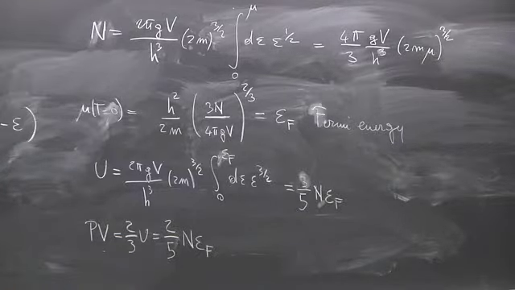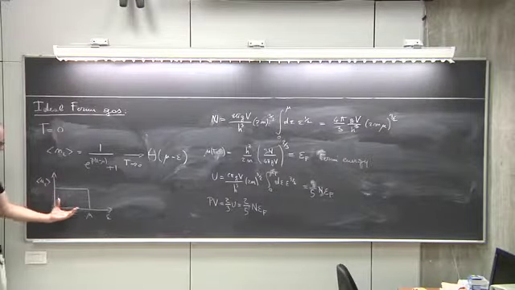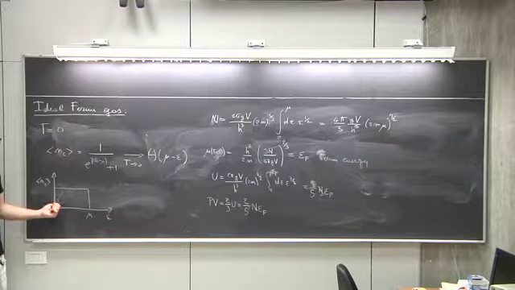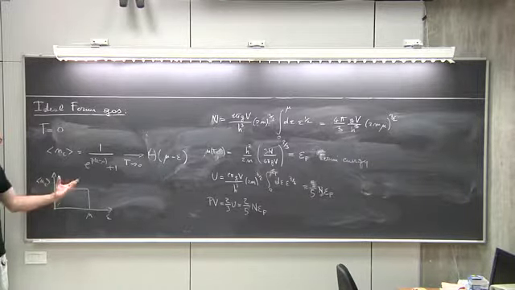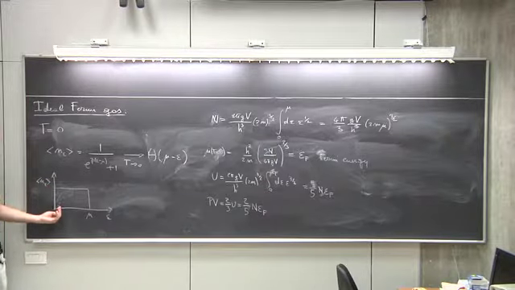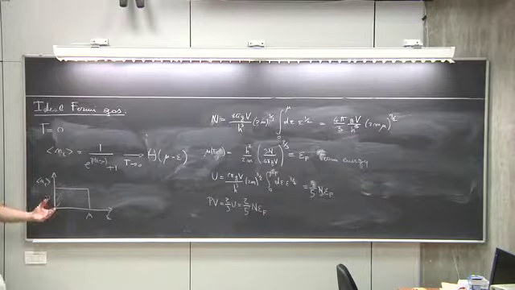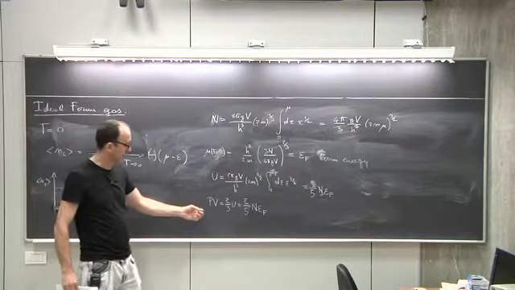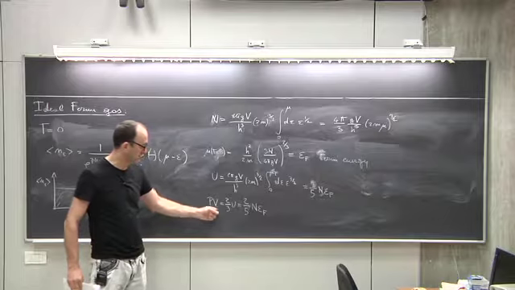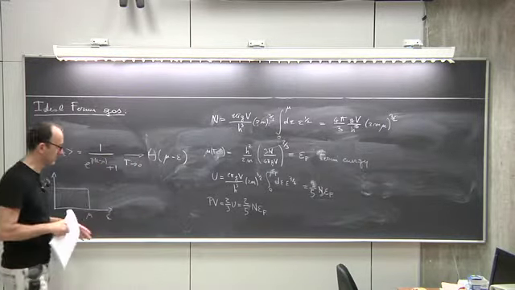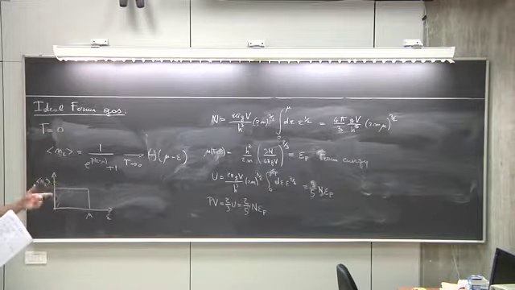And the reason is that essentially all these particles are packed into these energy levels. And if you change the volume, you will change the energy levels and then change the pressure.